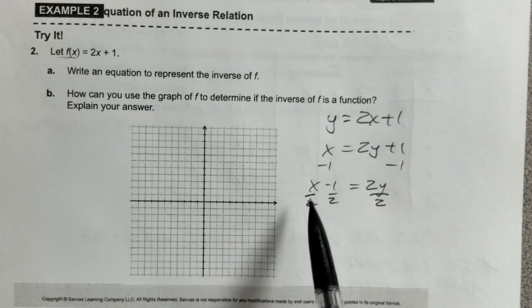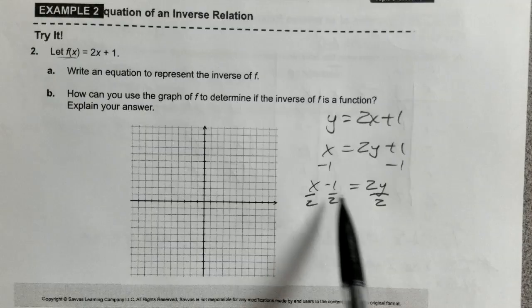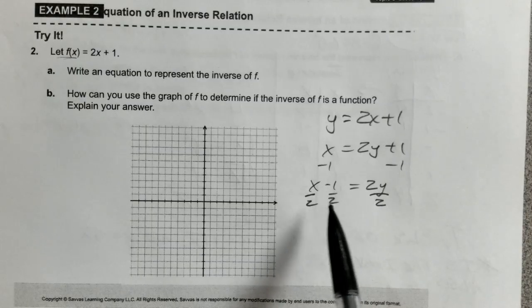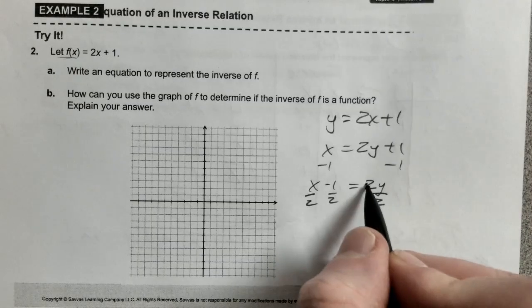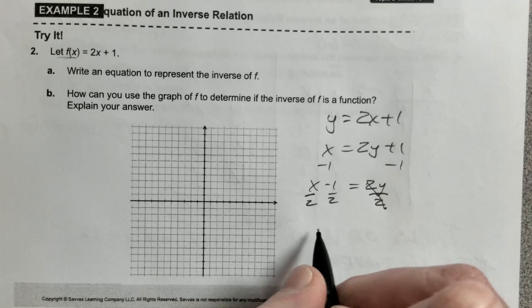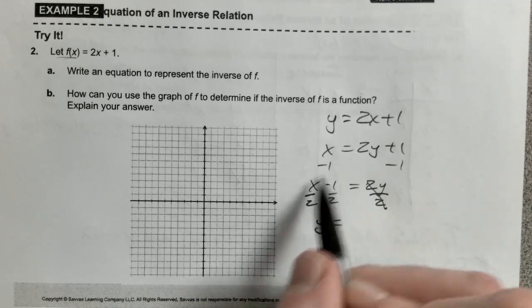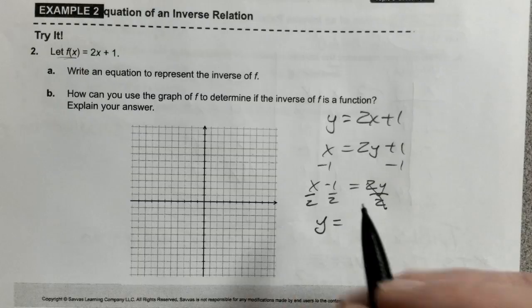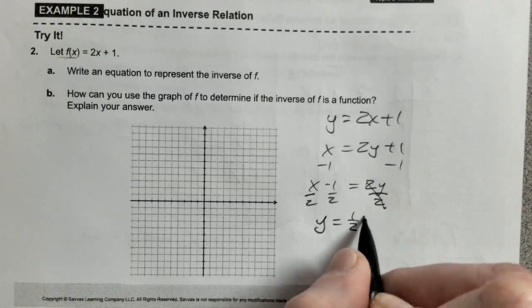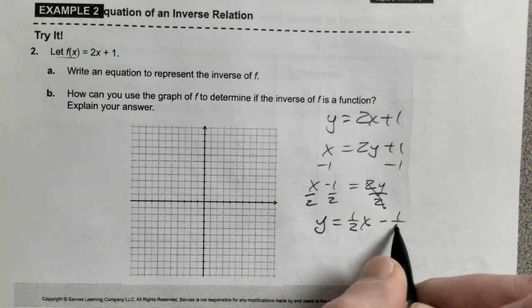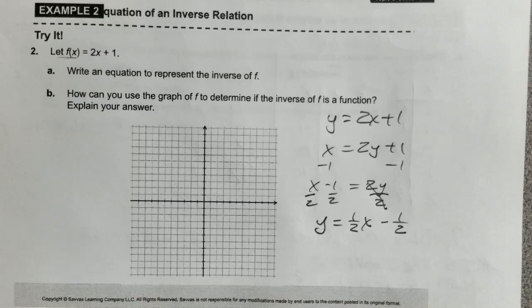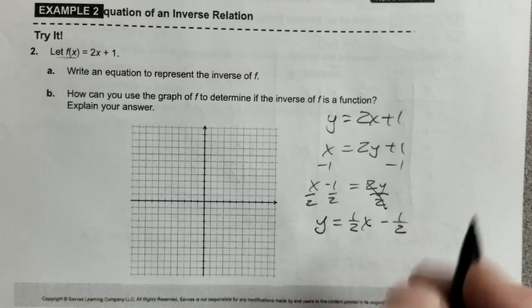I don't want one big half over here, because I need to see what's happening. I now have y by itself, so I like to write y on the left-hand side. Simplifying, this is really 1/2 x minus 1/2. And now this is our inverse.